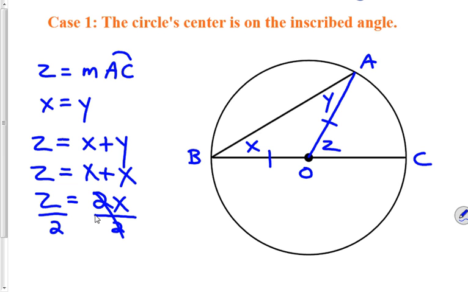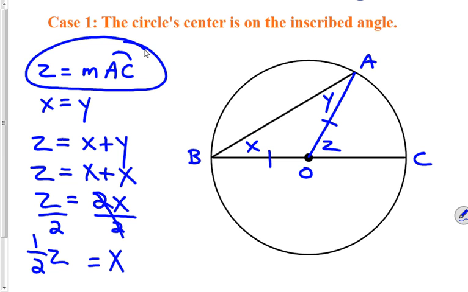Those cancel. So X equals Z over 2, which is the same as 1/2 Z. So we can finish this by simply taking the fact that Z equals the measure of arc AC and substituting it in right there, right? So there's the argument of our proof.